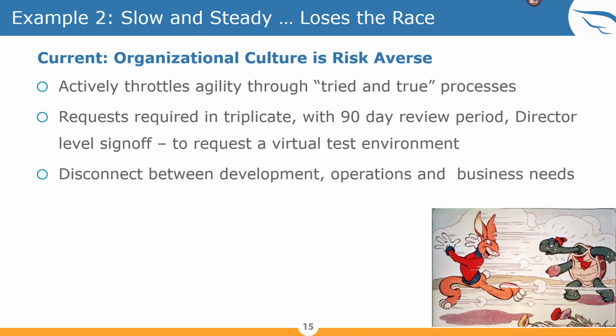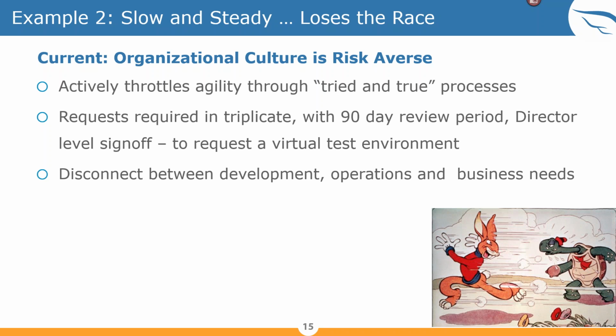The second example is kind of this idea, a play on the tortoise and the hare concept, of, in this case, slow and steady loses the race. So these are organizations that we'll start working with that are very risk averse.